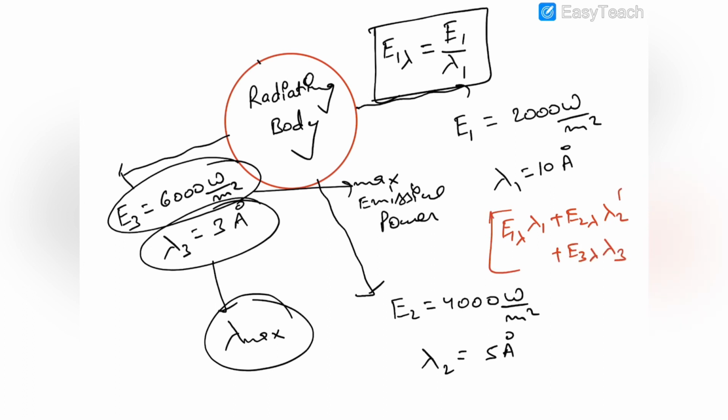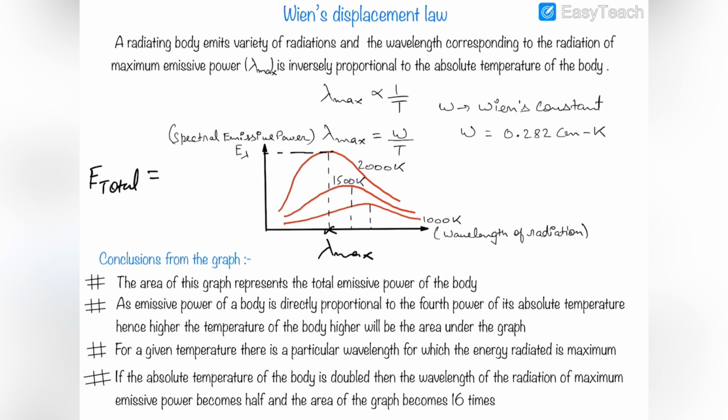This is the total emissive power emitted by this body. So if a body is emitting all possible radiations having wavelength in the range of 0 to infinity, then we can also say that the total emissive power would be the integration of E lambda d lambda from 0 to infinity. And for this total emissive power, you can see that the area bounded between this graph and the wavelength axis is obviously E lambda into lambda.